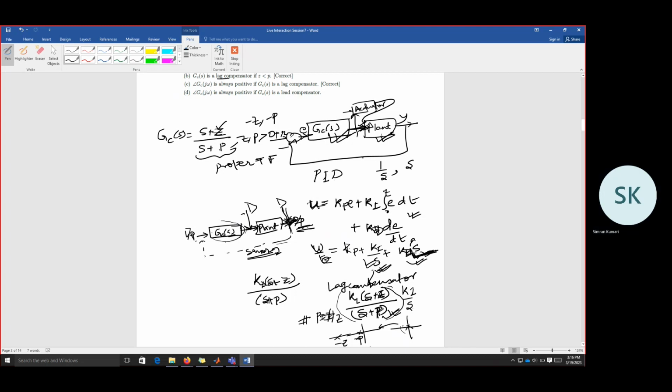So why we introduced feedback is because we wanted the plant to behave in a certain way, and also so as to reject disturbance effect, or we can say, nullify the effect of noise.